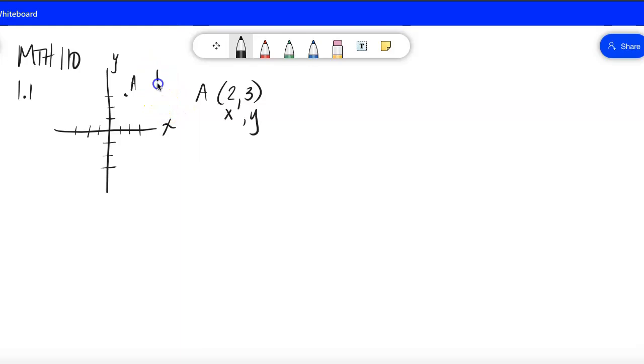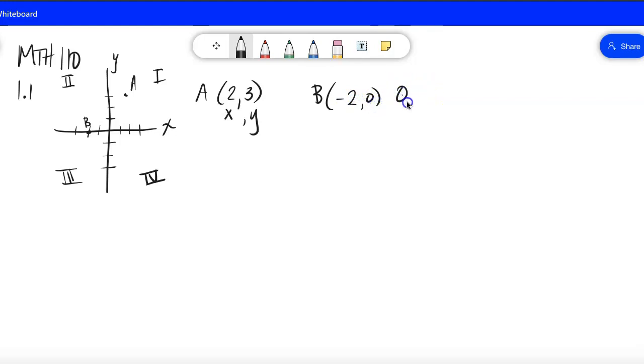You also need to make sure you are familiar with the quadrants. They start in the top right-hand corner and we call them quadrants 1, 2, 3, and 4. Now let's say I have this ordered pair right here and I call it B. If I ask you the coordinates for B, that would be -2, 0.